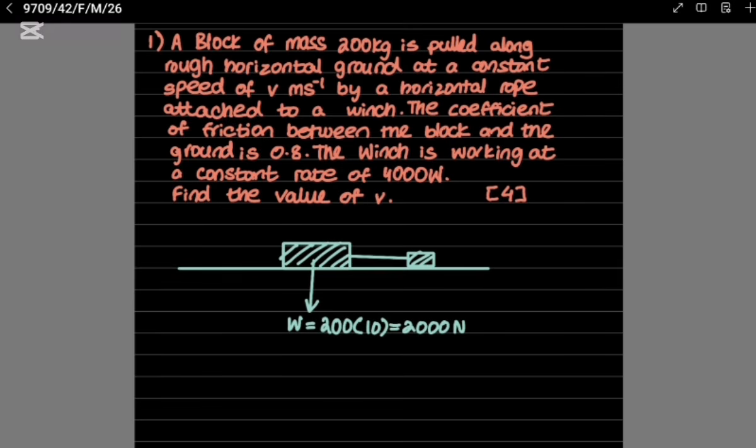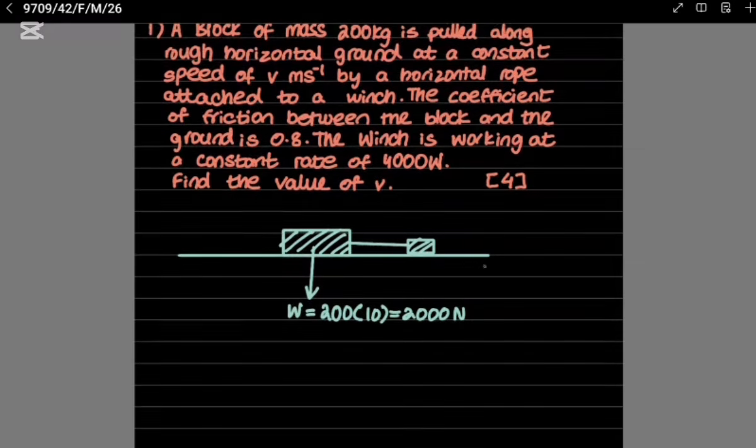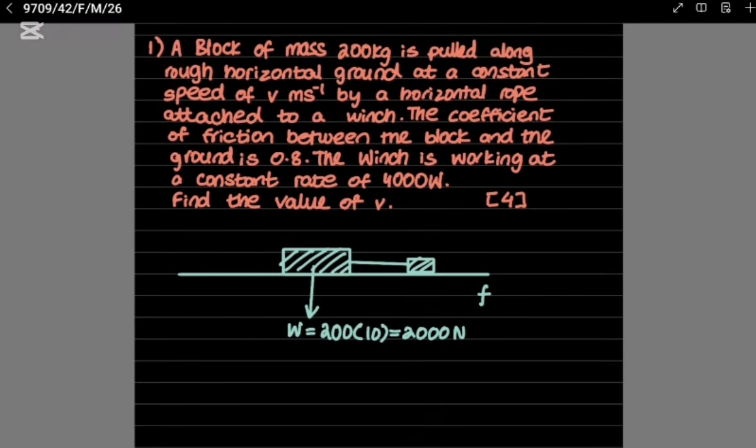What else? We have been given the coefficient of friction, and the question says it is a rough horizontal ground. Whenever it's a rough surface, there is friction. When it's smooth, you don't have friction. So friction is the coefficient of friction times the normal reaction, R. R here is equal to the weight because the object isn't moving in the y-axis.